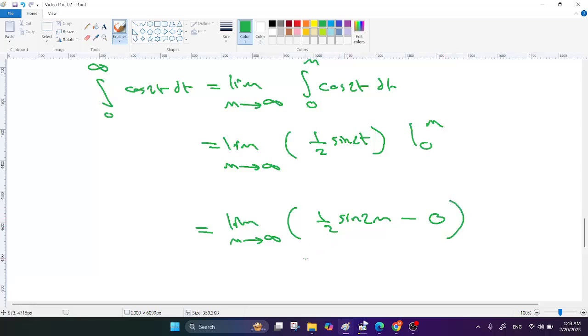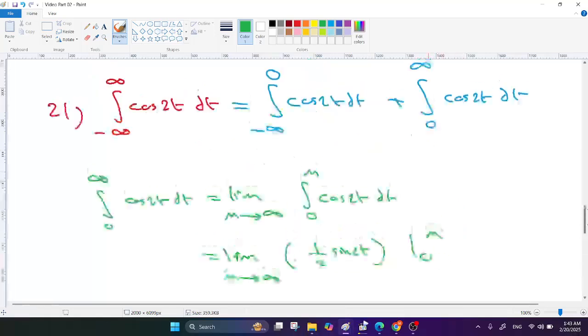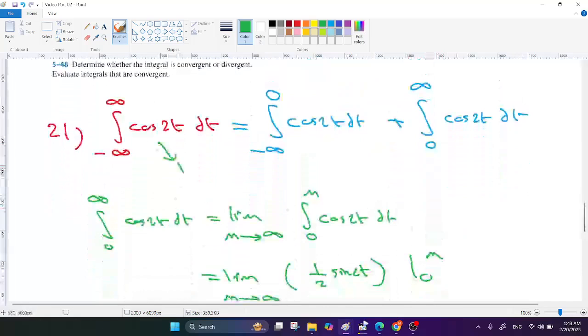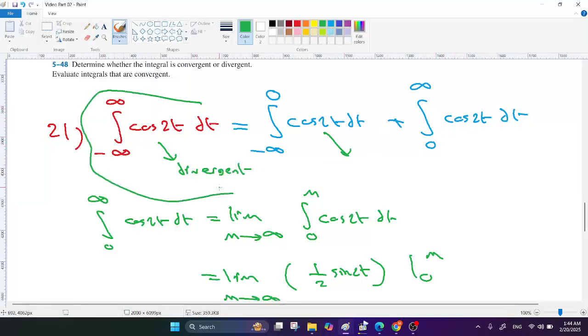Now, this limit does not exist, because I told you in part 1 that the limit of cosine or sine as it goes to infinity is not convergent. It's divergent. So this one here is divergent, because if at least one of them is divergent, then the whole integral is divergent.